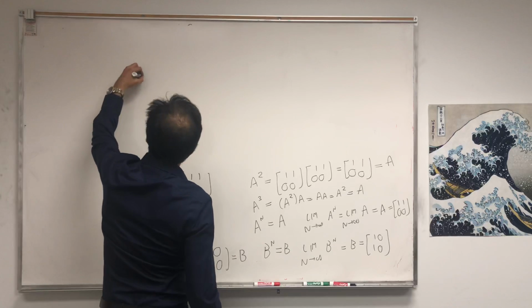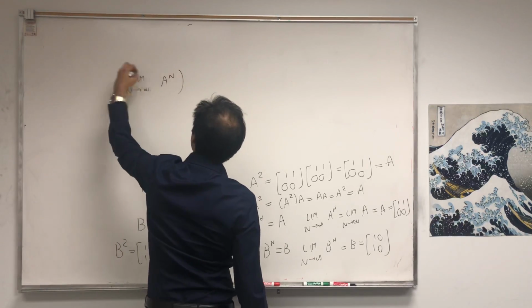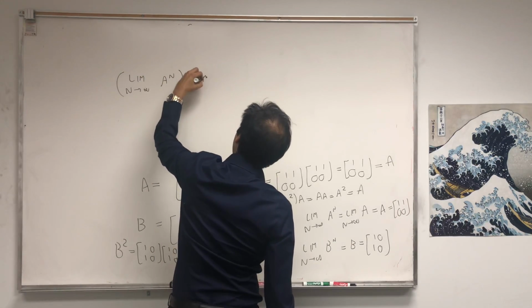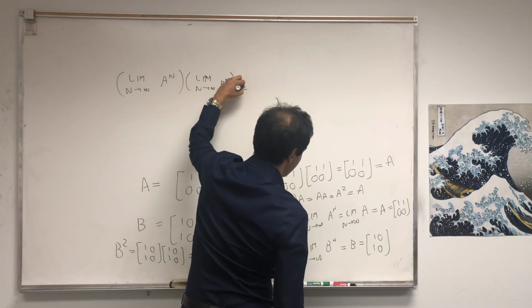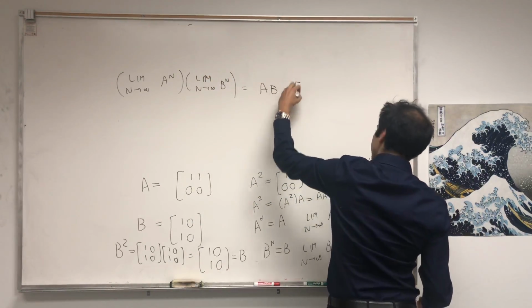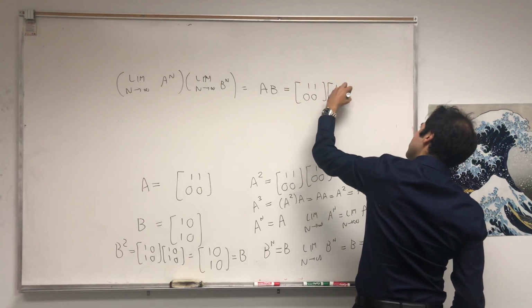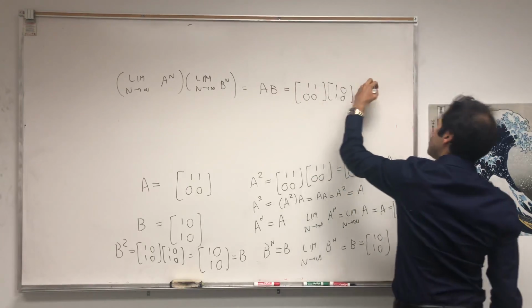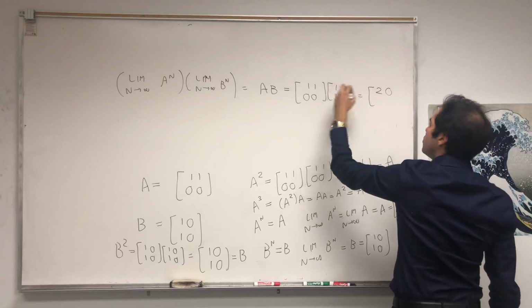In particular, we can calculate the product of the limits. The limit of A to the n times the limit of B to the n is literally AB, which is 1, 1, 0, 0 times 1, 0, 1, 0, and you can calculate this to be 2, 0, 0, 0.